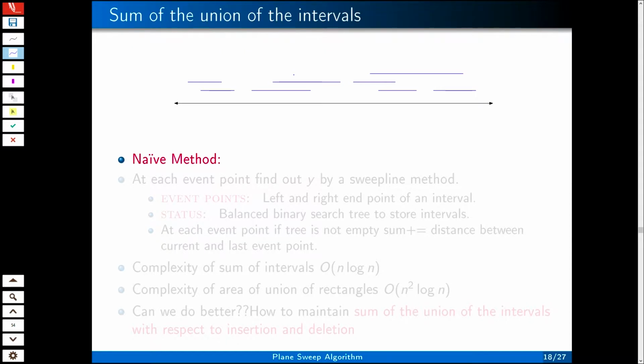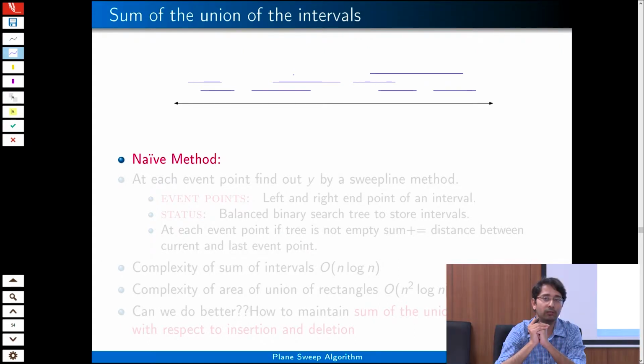We will go step by step. Is it okay? If it is okay, then let me know how to find, if I give you a set of n line segments, the length of the union of those intervals. Forget about the previous problem. Now concentrate on the current problem.